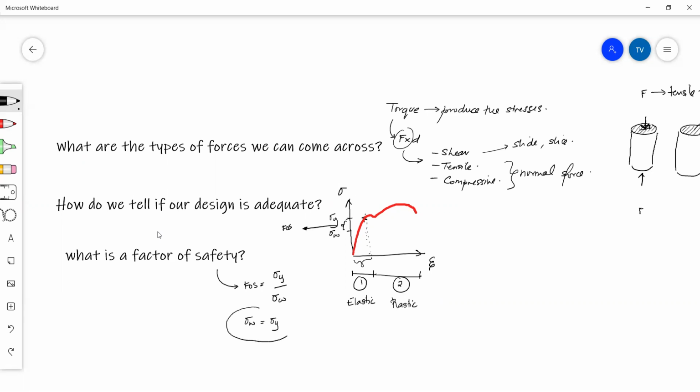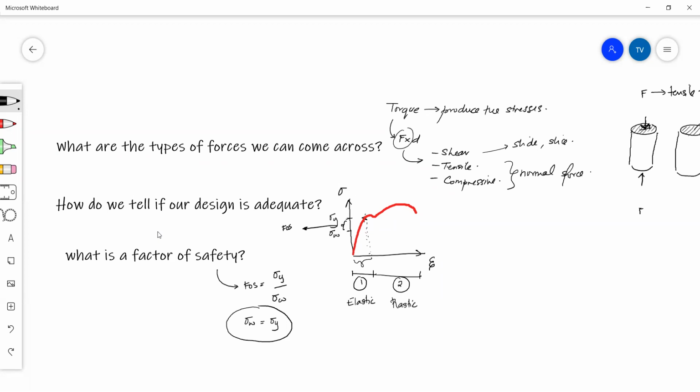Now, in reality and in engineering application, we never try and make our working limit equal to our yield. Why? Because there are always unpredictable things that can happen. Right? We might make a calculation for torque, but then there might be some kind of surge in power, or there might be impact or something along those lines, which might make the force a little bit higher and would cause our part to fail.